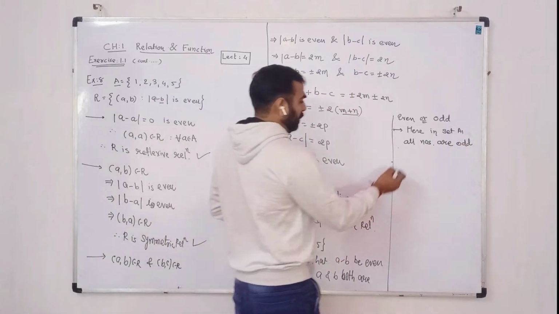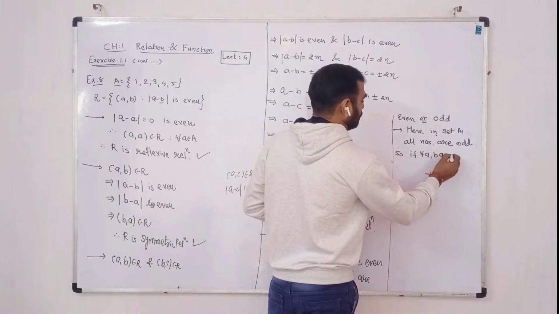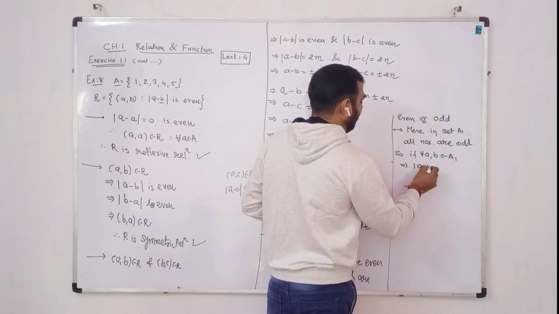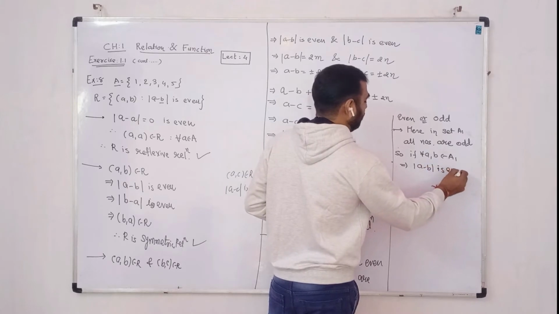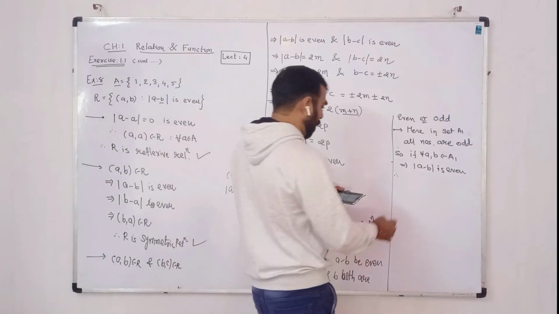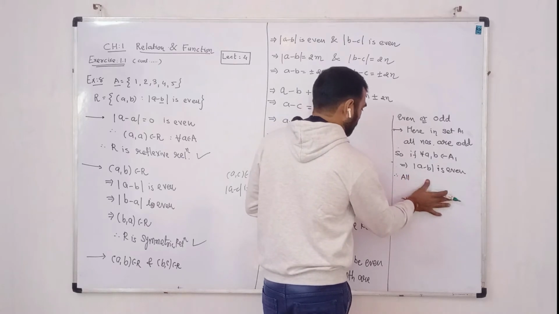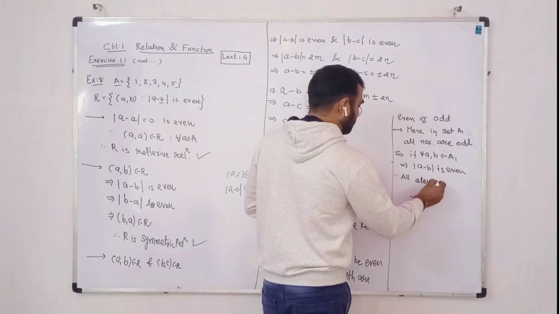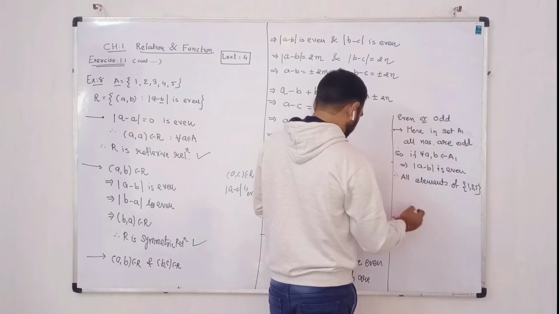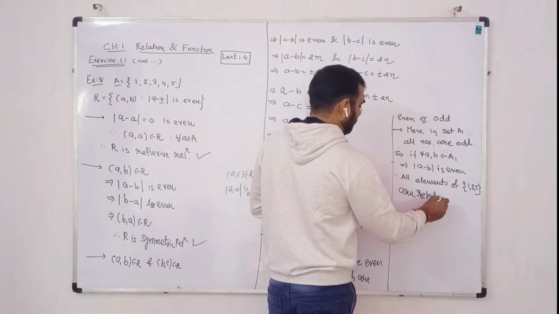So for every A, B belonging to A1, that implies mod of A minus B is always even. Therefore we can say that all elements of set {1, 3, 5} are related to each other.